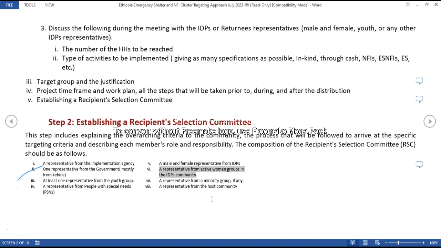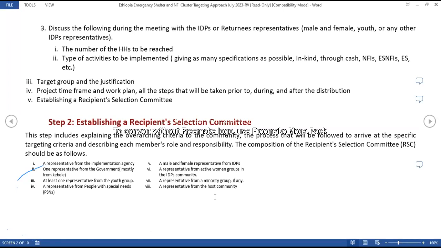Then a representative from a minority group, if any. This one is a bit sensitive in our country. We cannot say this one because it's not possible to determine who is a minority, so we may not take this into account, unless there is any. For example, if there is a specific naming saying that these groups are minorities, we may consider it.